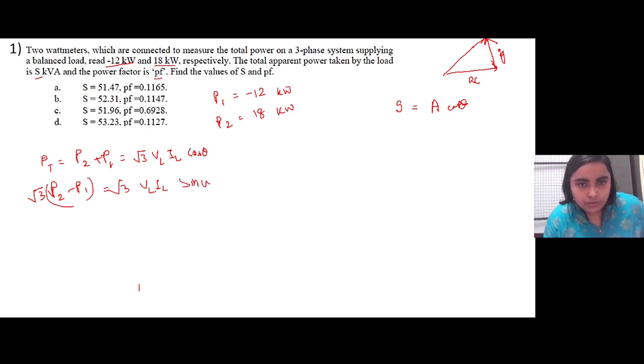So from this, the relation comes: tan theta is equal to root 3 times (P1 minus P2) by (P1 plus P2), right?